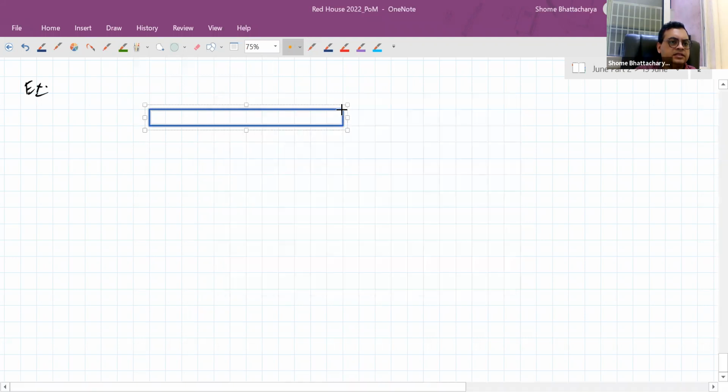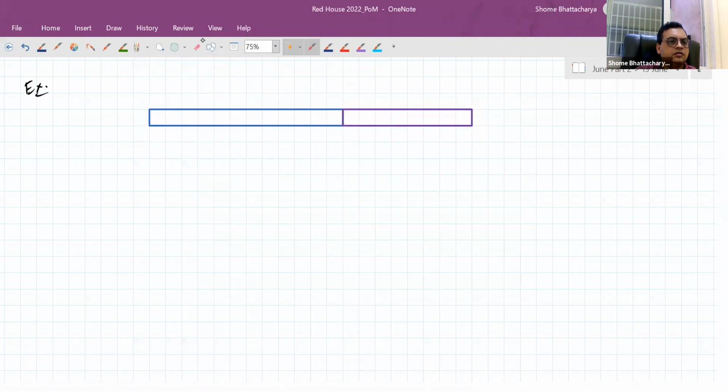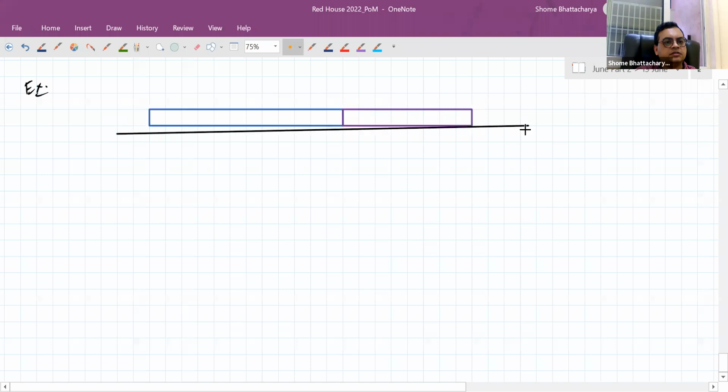They are just placed against each other like this, supported by a horizontal surface and between two vertical walls. So this combination is under zero stress at room temperature. So there's a wall here, there's a wall here.